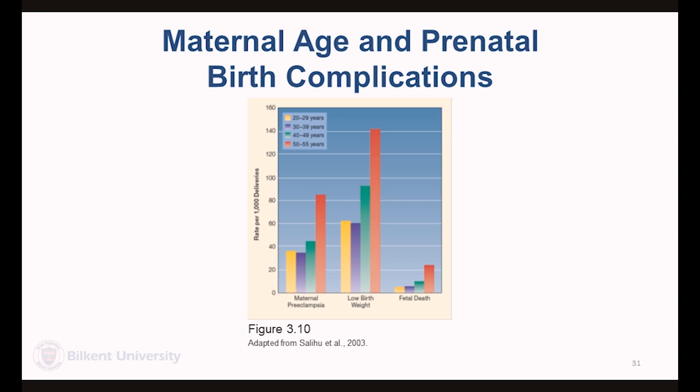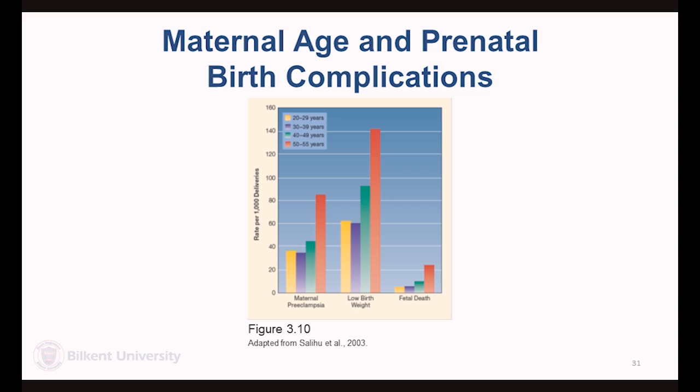As you can see, women in their 20s and 30s show comparable amounts of risk when it comes to maternal preeclampsia, low birth weight, and fetal death. But when the mother goes over 40 years of age, it starts increasing, and over 50, yes, these are seen much more frequently.